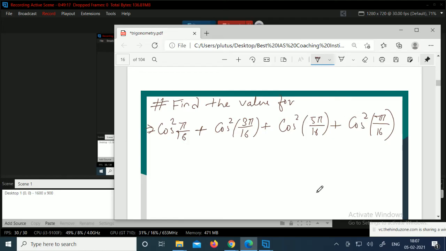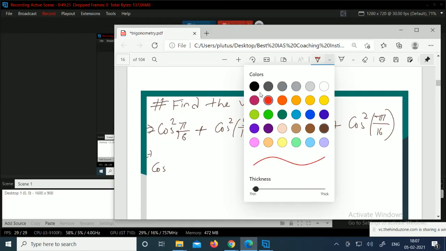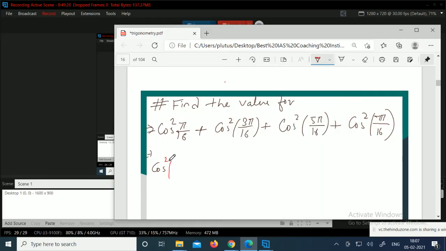Just pay a little bit attention. Look, here this is cos square pi by 16, isn't it? So can we rearrange this angle as pi plus pi by 16?